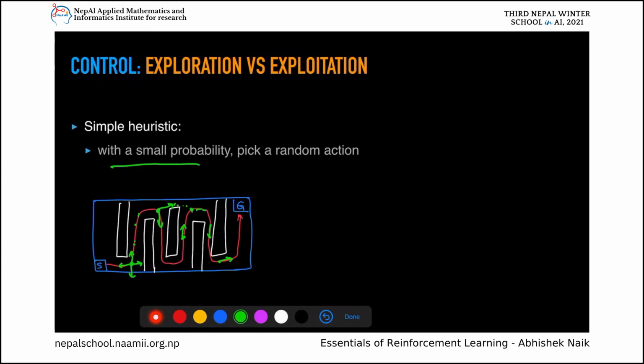Now it obviously knows what to do. It will keep doing that, reach the goal, and think, when I followed this new path, because of this new exploratory action, I reached the goal much quicker. So maybe that is the right thing to do. I should update my policy so as to do this. This is a shorter path. I don't have to take this longer route anymore. And so here exploration led to a better policy.